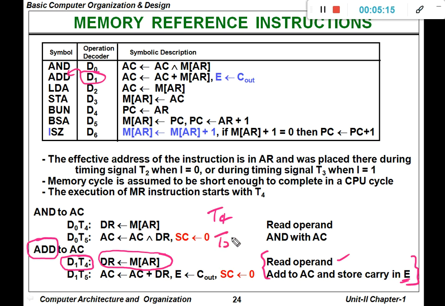After that, at cycle T5, we are going to add the content of accumulator register with data register and store the result in accumulator register, and if any carry out, we are going to move it to the extension bit. So these two micro operations are needed to perform the add operation. The operation decoder for add is D1.